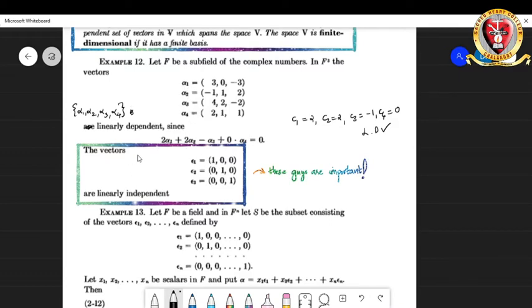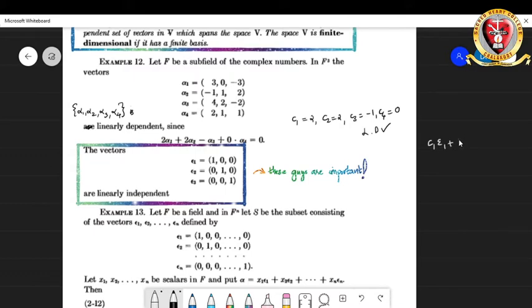Now consider the vectors epsilon 1, epsilon 2, epsilon 3, which are the three-tuples (1, 0, 0), (0, 1, 0), (0, 0, 1). These three vectors are linearly independent. You can check them out, and they are very important. Note them down. Suppose they are not linearly independent.